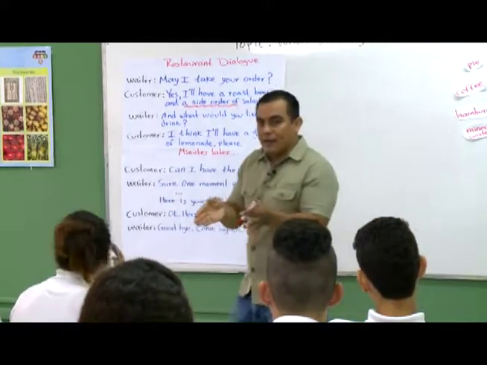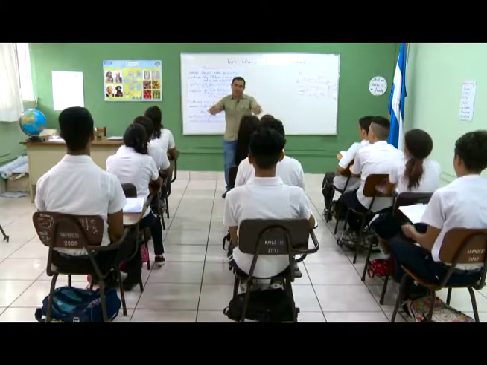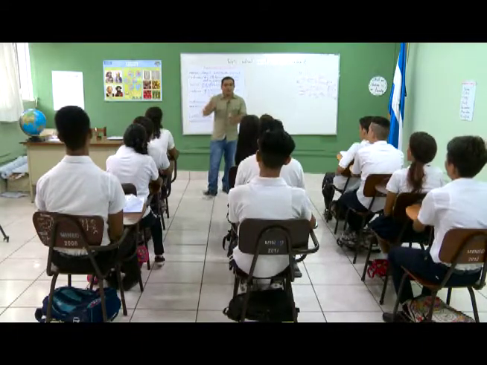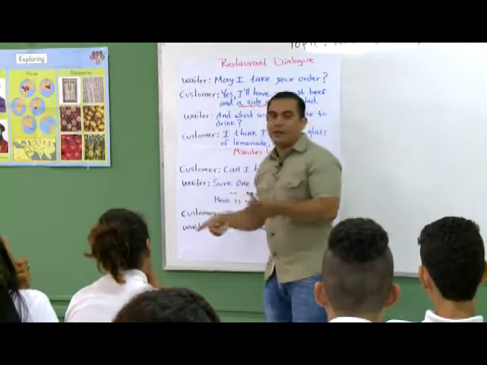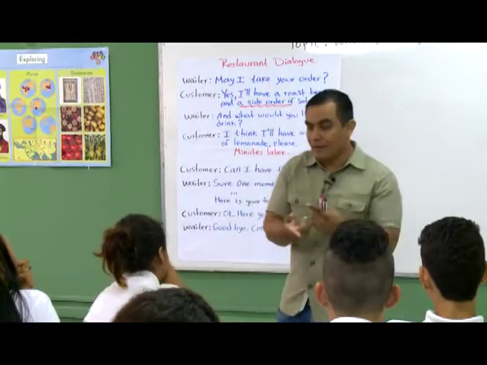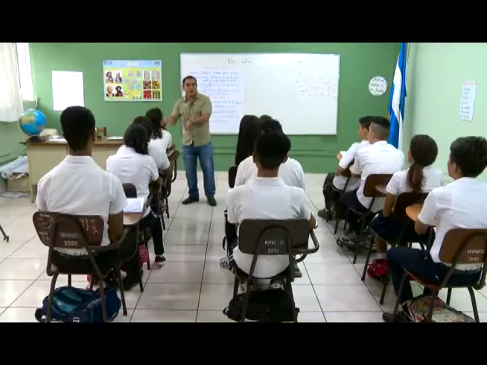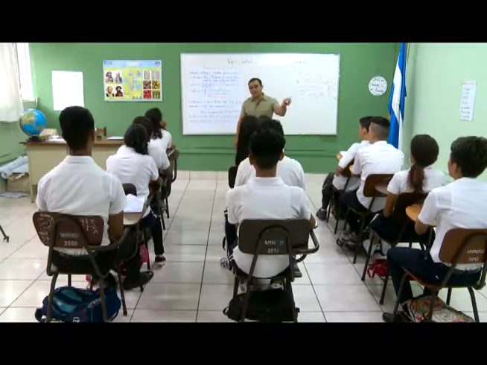Now, I need you to divide the class into two parts. I want you to divide the class into two rows. One row is going to be the waiter, and the other row is going to be the customer. So this row is going to be the waiter, and the other row is going to be the what? The customer.